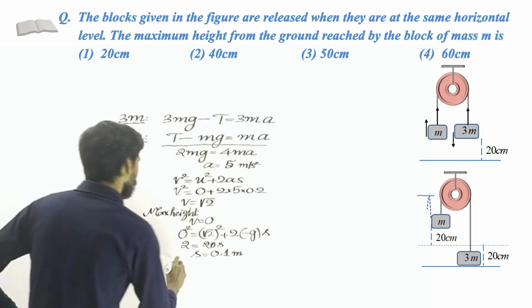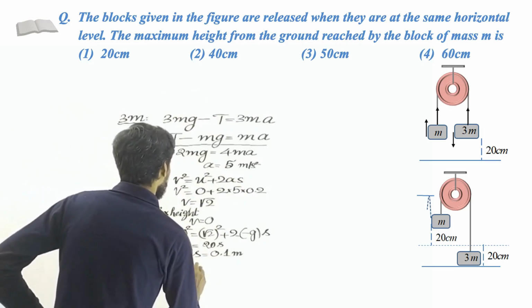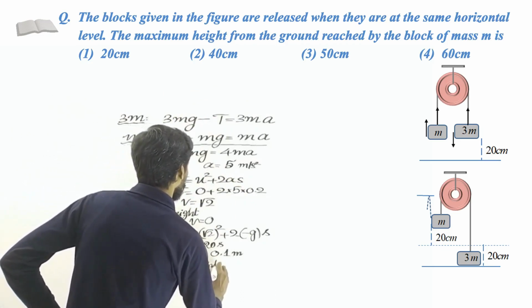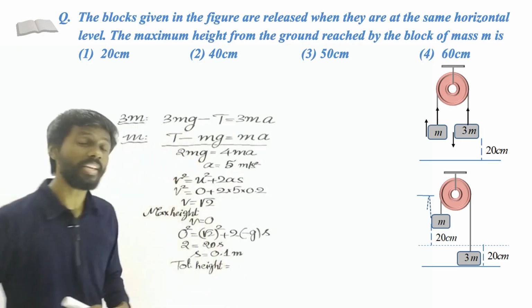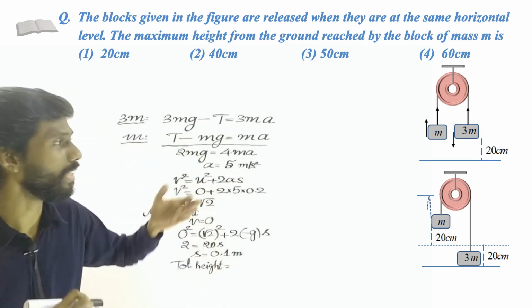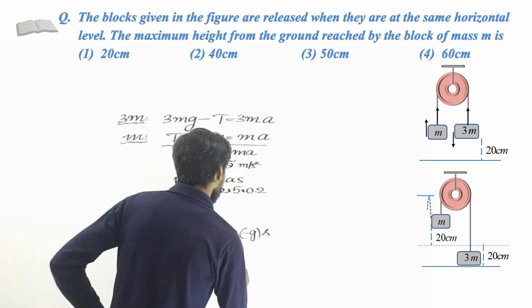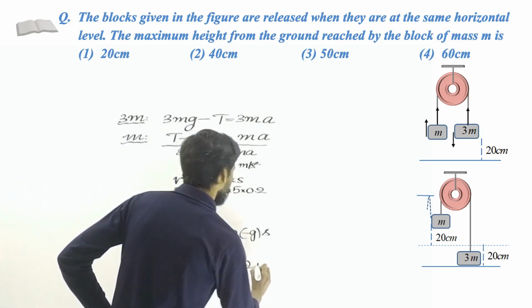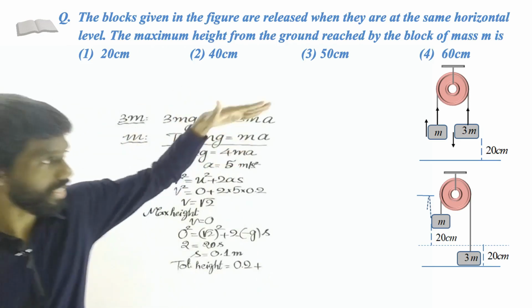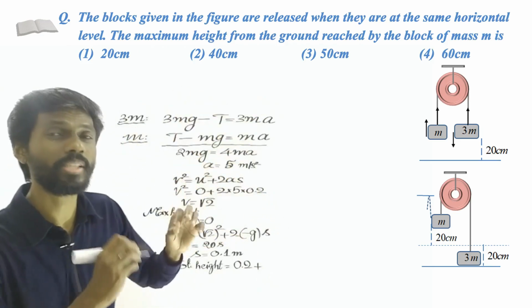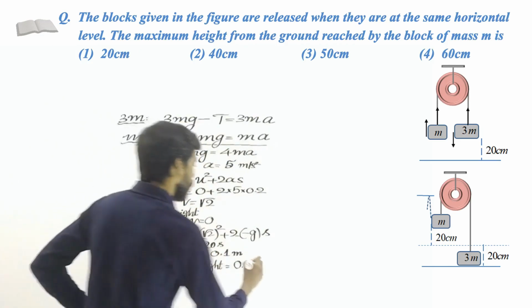So what is the total height? Initially the object is already at a distance of 20 centimeter from the ground, which means 0.2 meter. Now when that block reaches the ground, it has moved up by the same distance of 20 centimeter, so again 0.2.